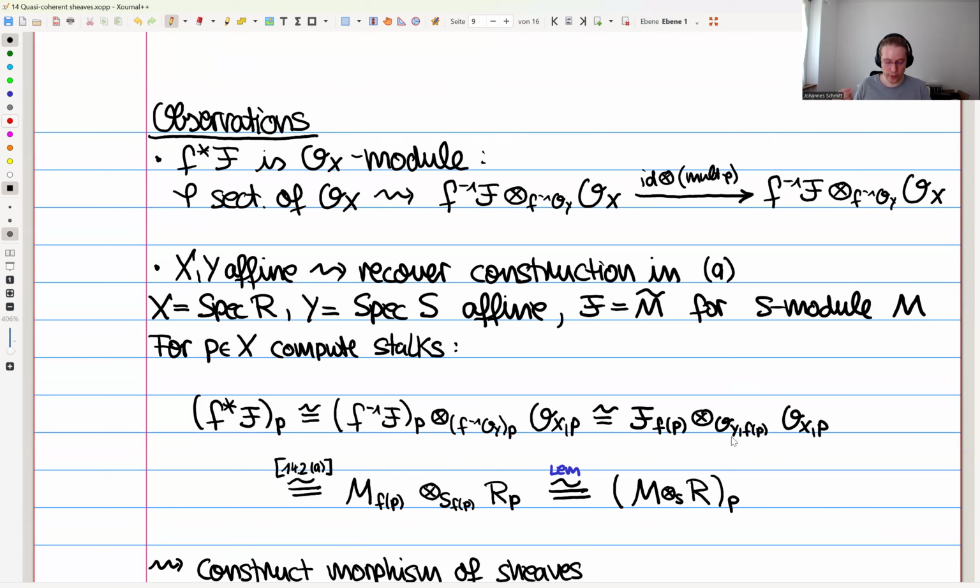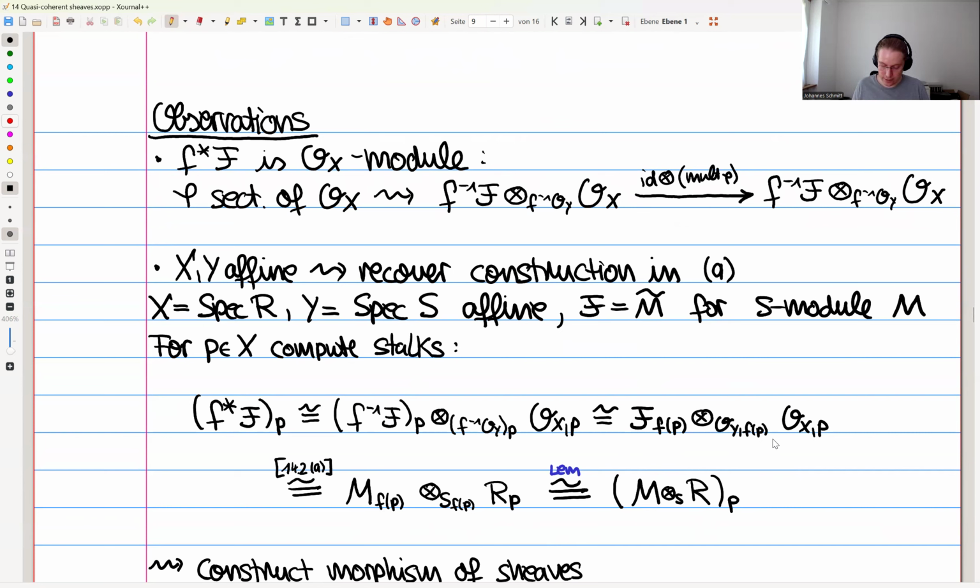But now we can use all this information, namely, for example, F is associated to this module M. And so its stalk at the point here is exactly just a localization of M at this prime ideal. Similarly here, this is just the localization of S at this prime ideal.